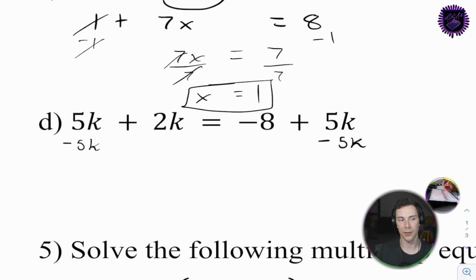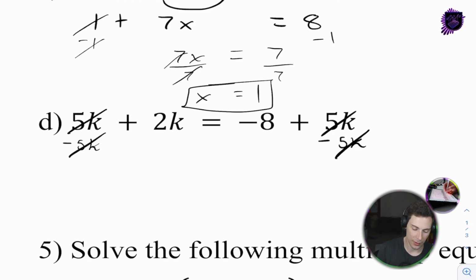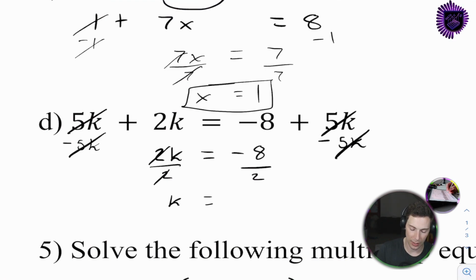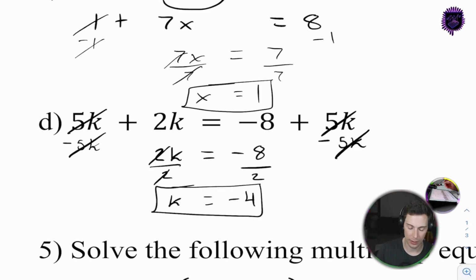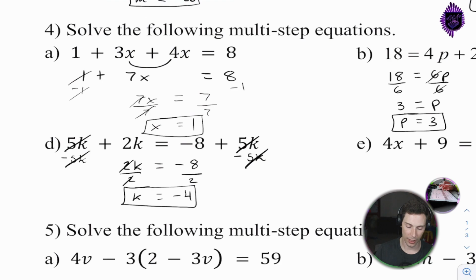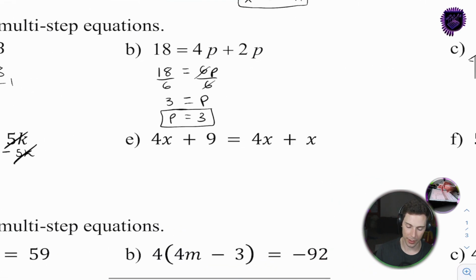Similar to last time, that's going to cancel, but this is going to cancel too, leaving us with 2k is equal to negative 8, which I can then divide by 2. Cancels. K is equal to negative 4. Answer. Negative 8 divided by 2, negative 4. All right, next one.